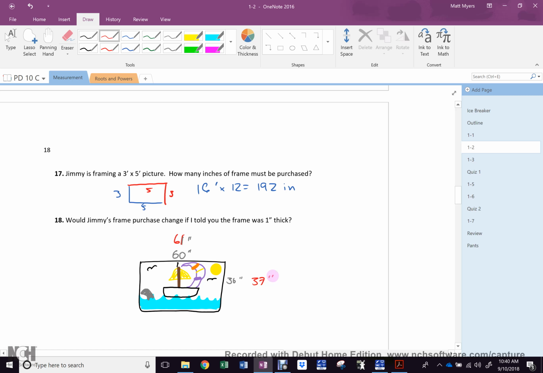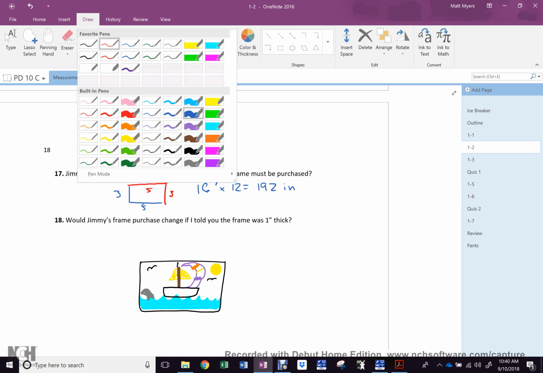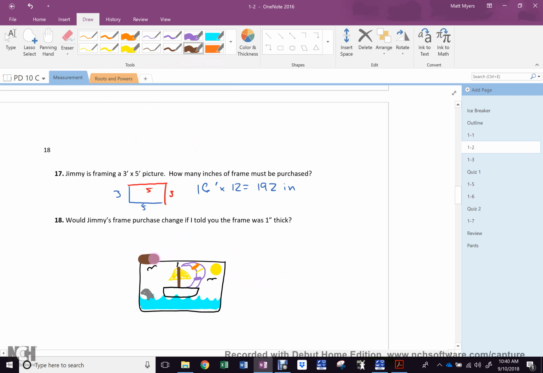Everyone agree? Okay, so that would mean that my frame would look like this. One moment, let me get brown. 1 inch all around. So I need to add an inch where? To all the sides. So this is, you said add an inch. All the sides. Well, I did that.